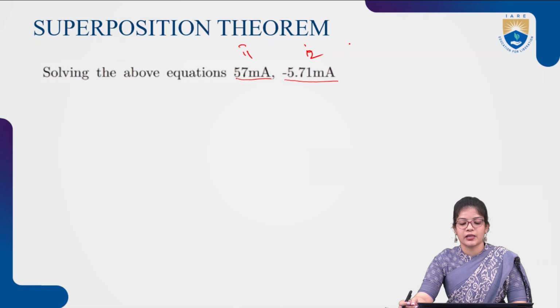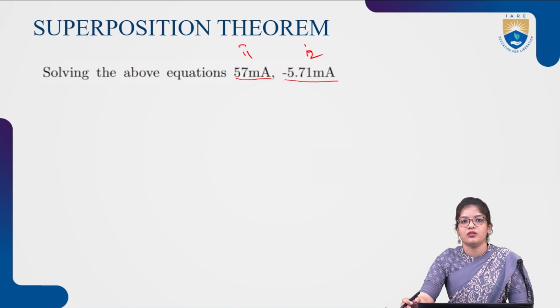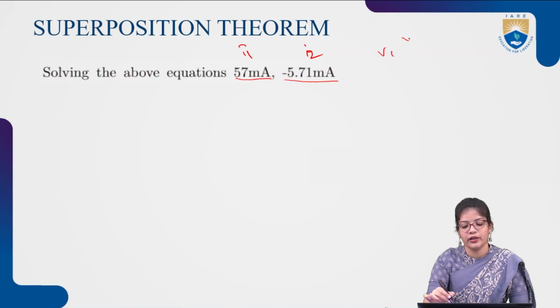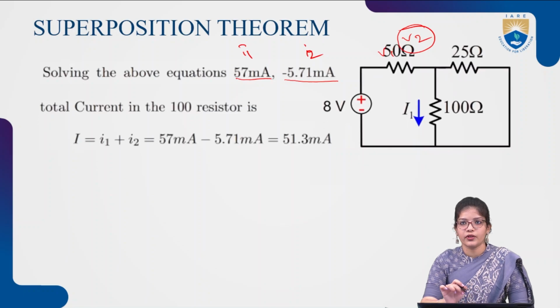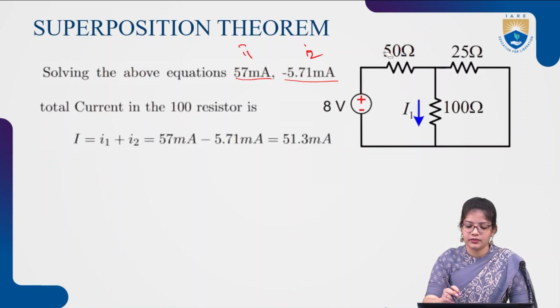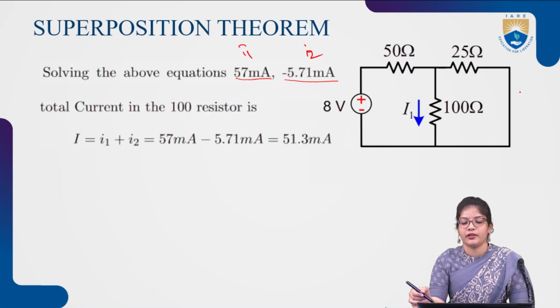In the second step, we have to remove one source. There are two sources, V1 and V2. Now I am going to remove source V2. After removing V2, the circuit is redrawn this way.